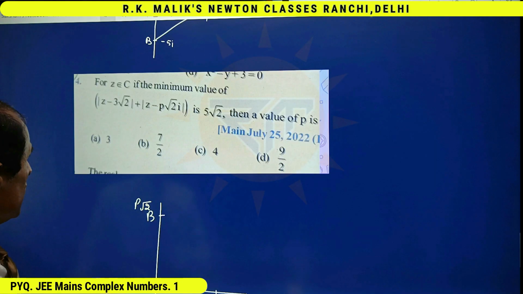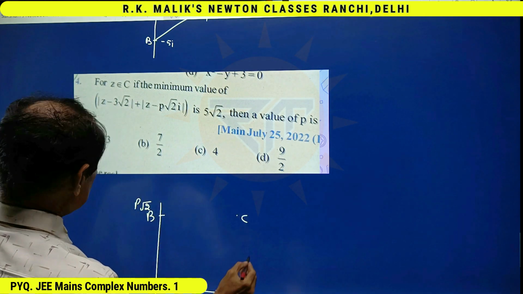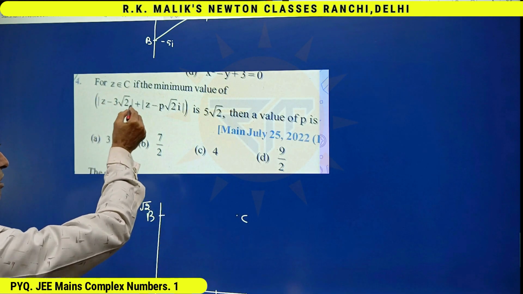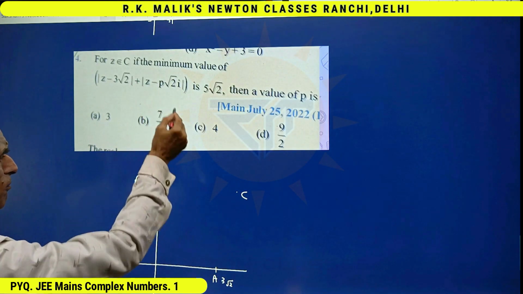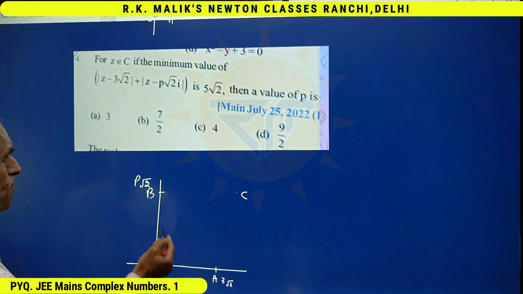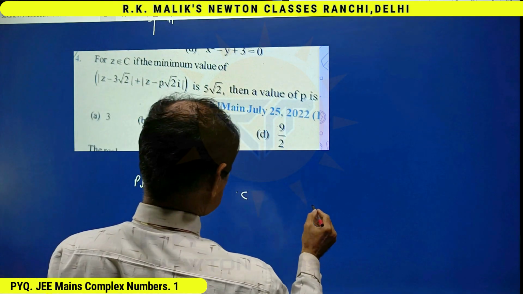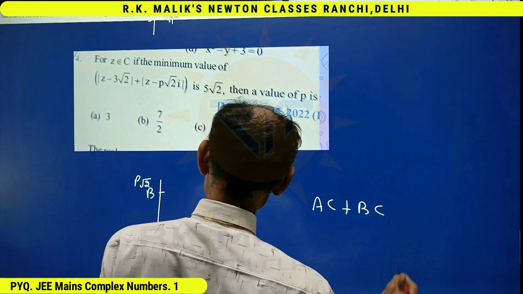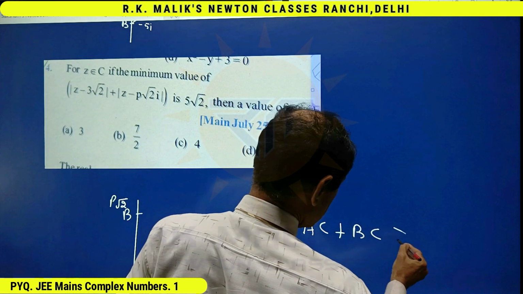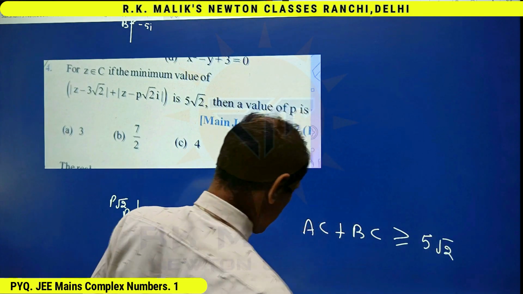Let z be the point C, and clearly this will represent the distance AC. This will represent the distance CB. Therefore, the value of this will be AC plus BC, and the minimum value of this is given to you as 5 root 2.